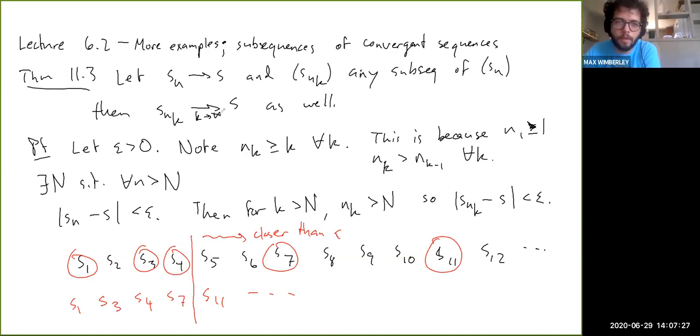Then that means that all of these also have to be within epsilon, right? Because you can see that this index is bigger than this one. All of these indices down here are going to end up being bigger than the ones up here. So they're at least as close as these guys are to the limiting value, okay? So yeah, that's it for this theorem. Any subsequence of a convergent sequence must converge to the same limit.